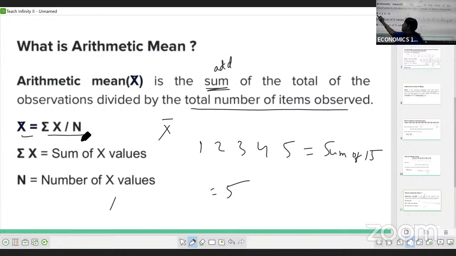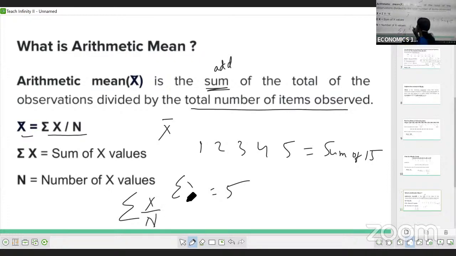Sigma x divided by n. This is the formula for the arithmetic mean.